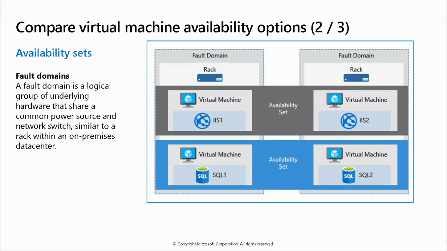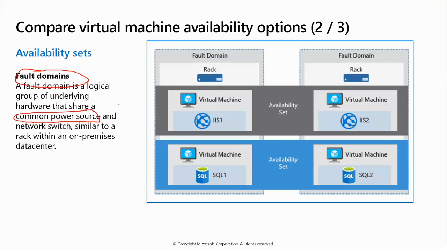The first one, fault domain. What is a fault domain? A fault domain is your physical resources that share a common power source. You may think it's a good idea to have, for instance, 3 VMs sharing the same power.